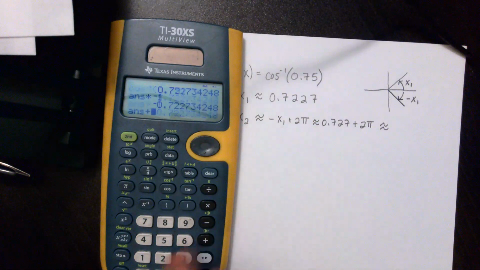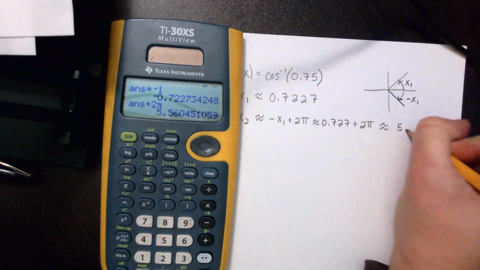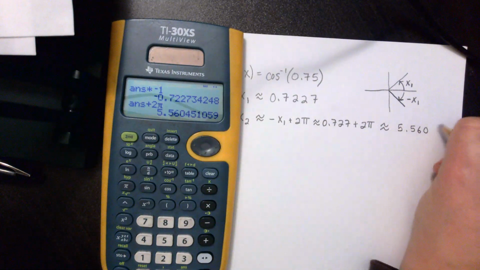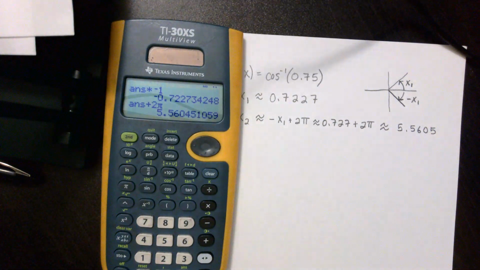And then I want to add 2 pi. So 2 pi, and that gives me that my other value is about 5.5605 to 4 decimal places.